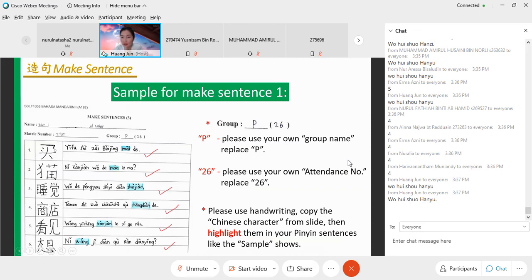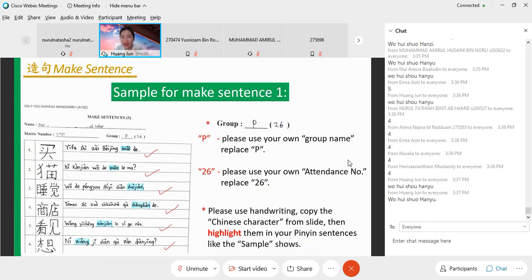Then after you finish writing, highlight the character in your sentence. For example, this character's pronunciation is 买. So highlight the pinyin inside your sentence, okay, to tell me you already included this word. So use your highlight pen, not your highlight apps. Okay, don't use apps for highlight.